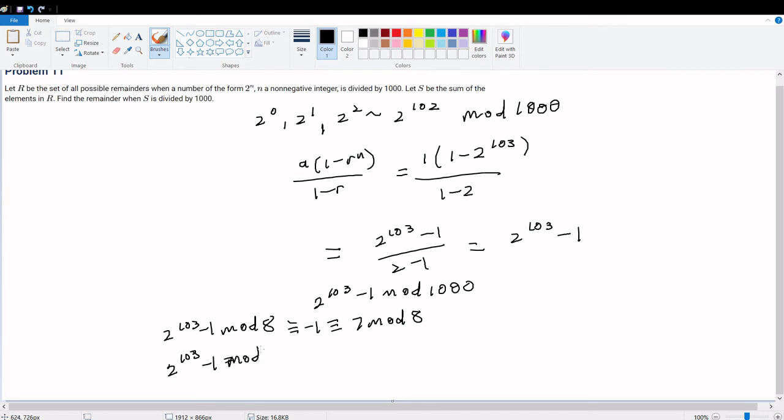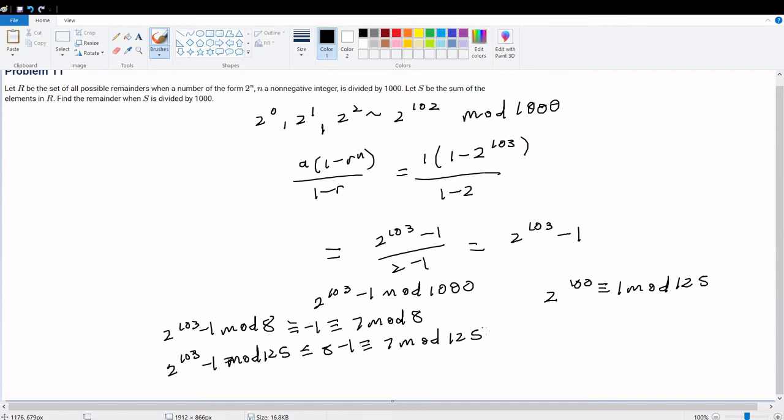I know that 2 to the 100 is congruent to 1 mod 125, so this is the same thing as 8 minus 1 mod 125, which is the same thing as 7 mod 125.